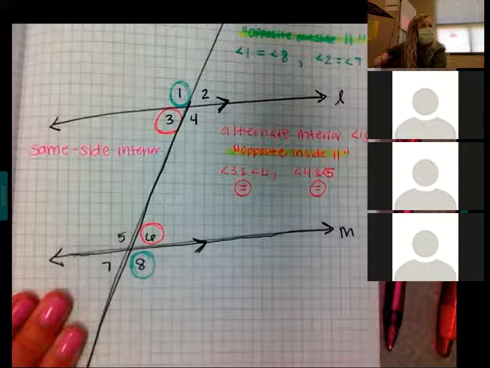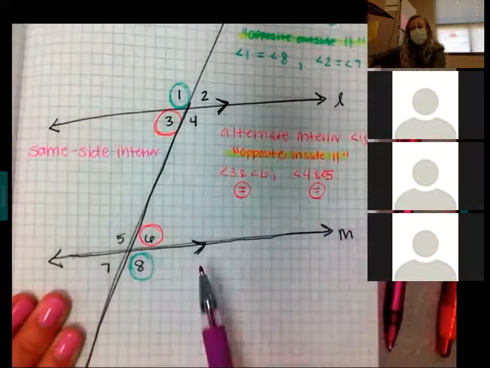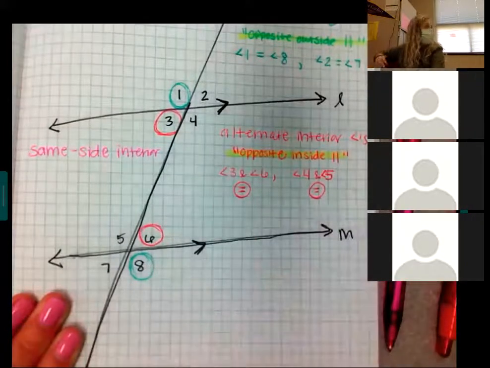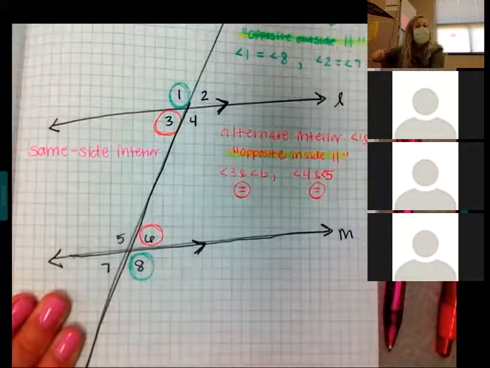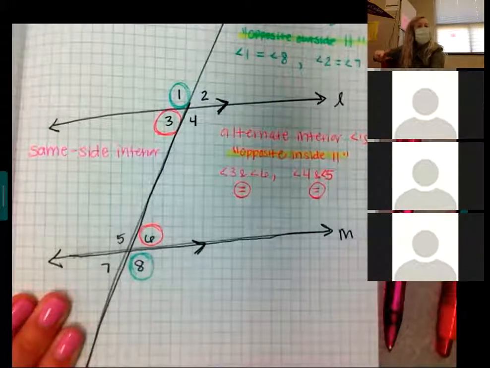They're not parallel. Okay, well, it has to be parallel lines for all of these to work. So if I didn't tell you these were parallel, none of these are equal. It's not a thing, okay? I like what he said really quick though. They're not gonna be the same measure. I agree. They're not gonna be the same.